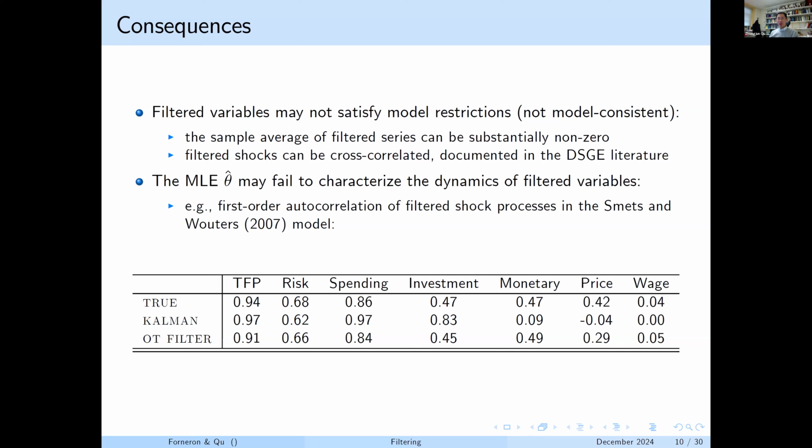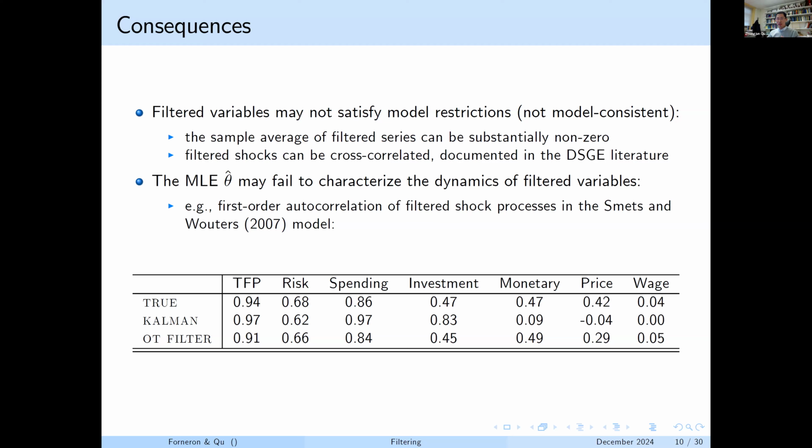Similar features can happen to other shocks. For example, if we look at the monetary policy shock, the model is telling me that the first order correlation is 0.47. But if I look at the actual filtered shock, the correlation is pretty much equal to 0, right? For the price markup shock, the model is telling me that the correlation is 0.42. The actual estimate is almost equal to 0 again, which is quite different from the true value.